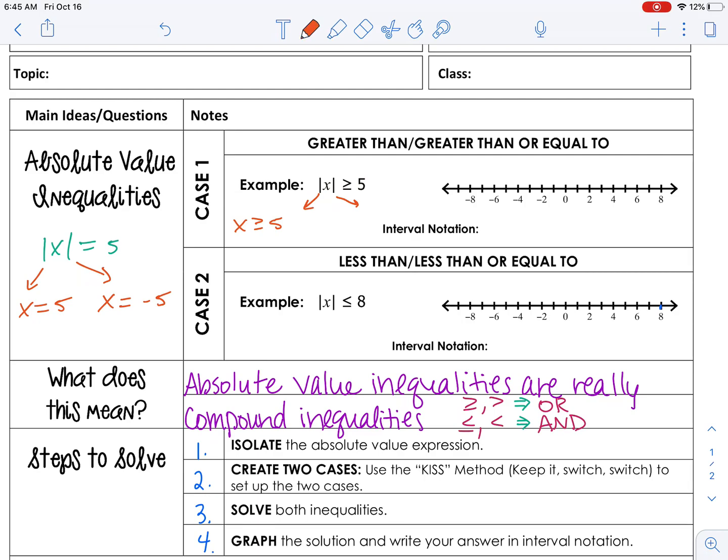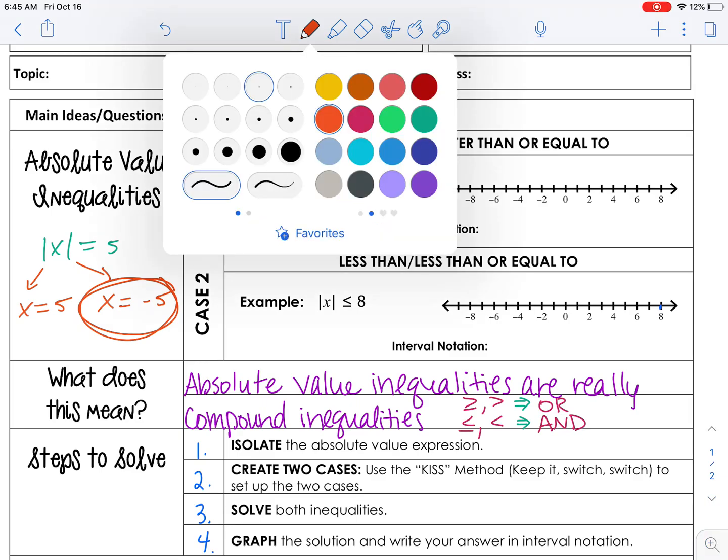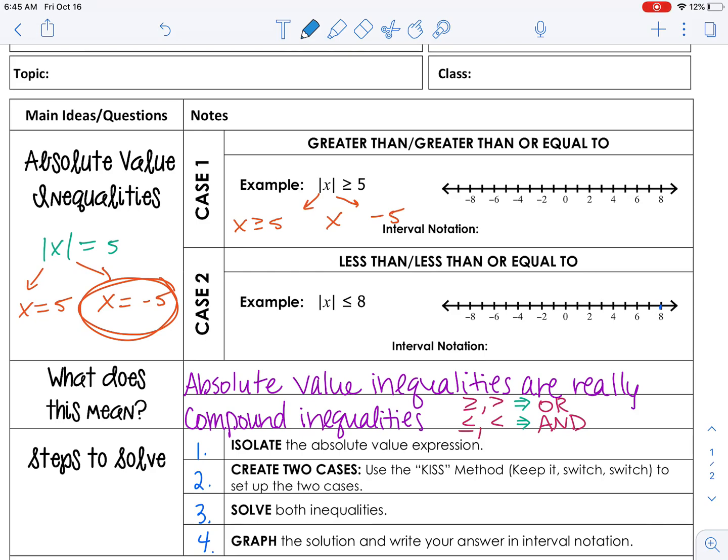Case 2, I need a 5 that has a negative on it and the x, just like I did over here for where I solved the equation. Only for the inequality, when you make your second case, you also have to make sure that you switch the direction of your inequality symbol. So instead of what we started out with, our second case is x is less than or equal to negative 5.